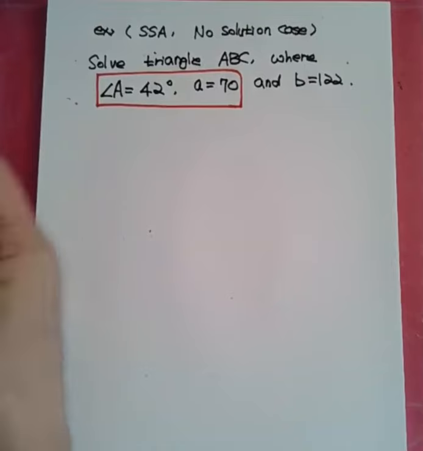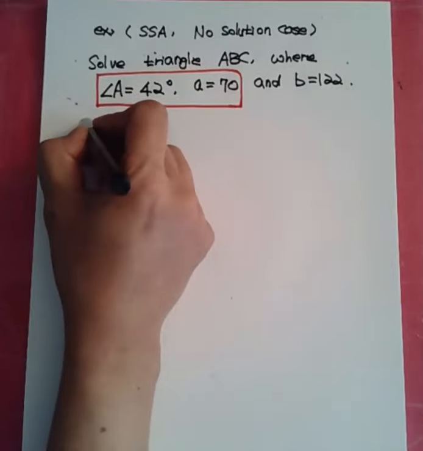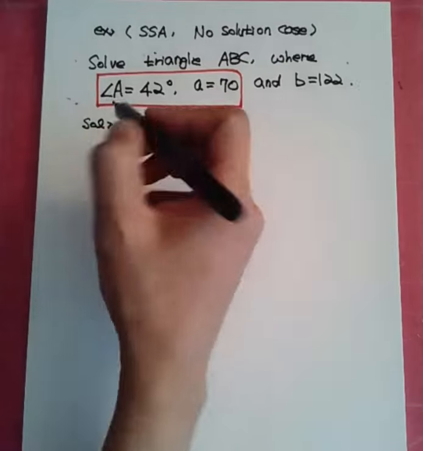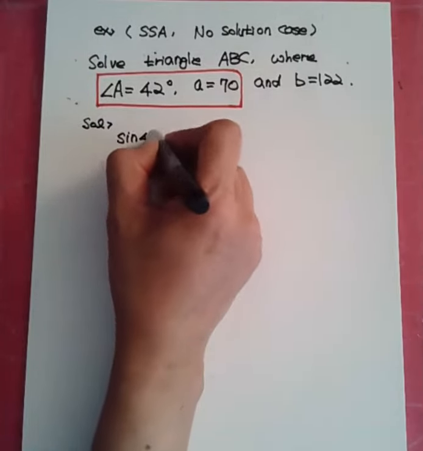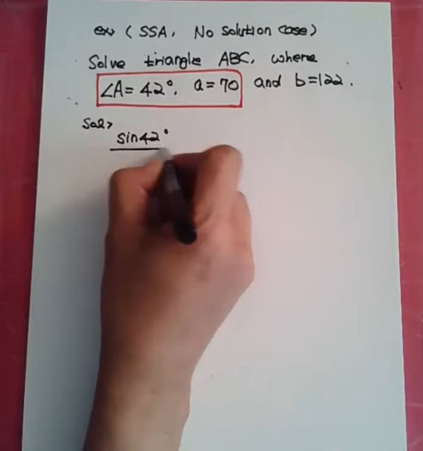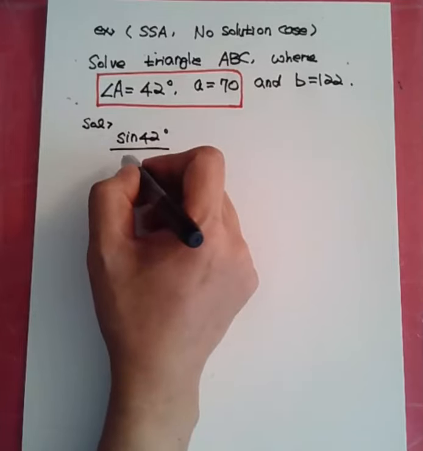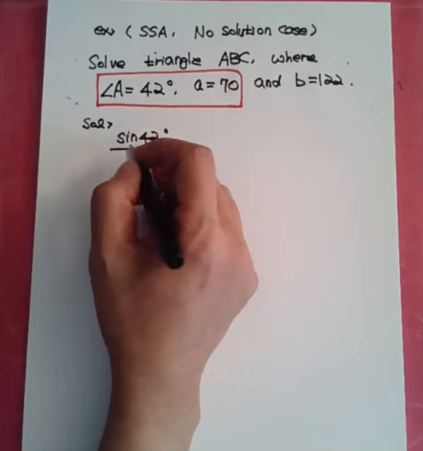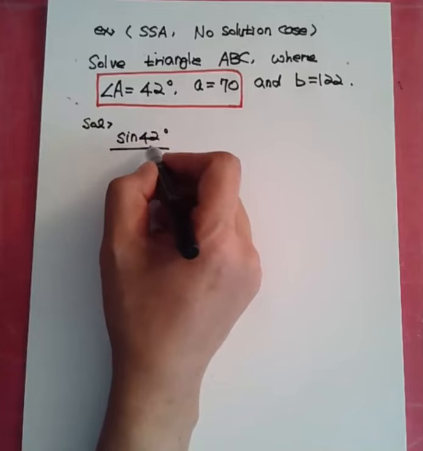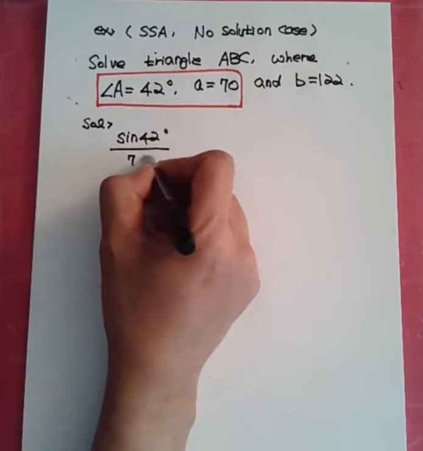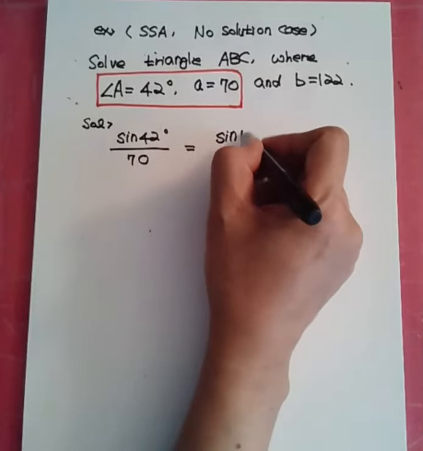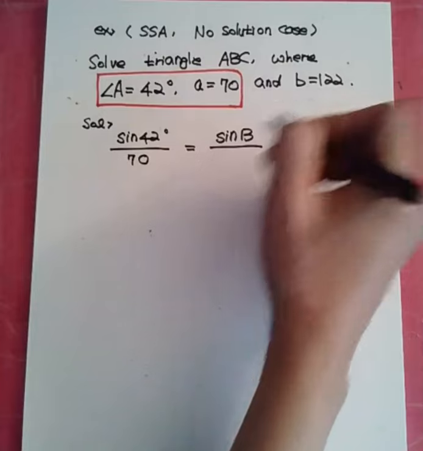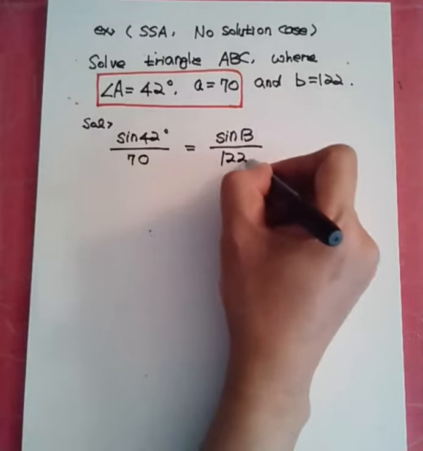In the next section, we will learn about law of cosines, so you should be able to figure out whether you can apply the law of sines or law of cosines. So we will use the law of sines. So sine of angle A over the side length a equals sine of B over the side length b, which is 122.